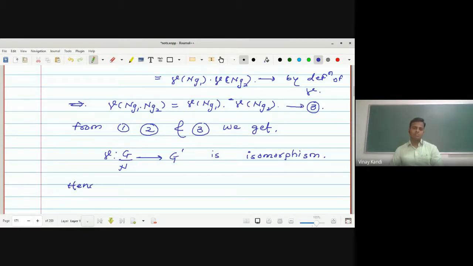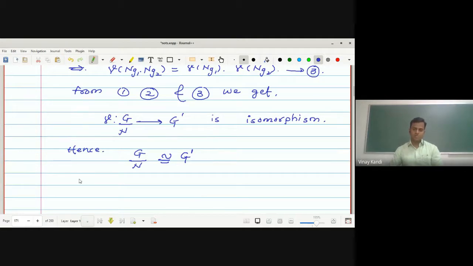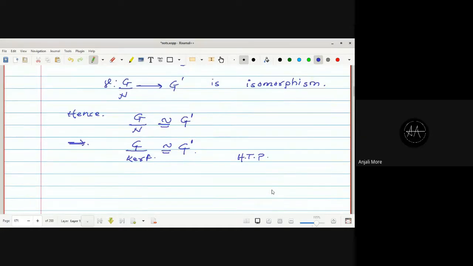Hence, g by n is isomorphic to g dash. This implies g by n, where n is the kernel of this function f, is isomorphic to g dash. This means the proof is complete. Any doubt? No, sir. Okay.